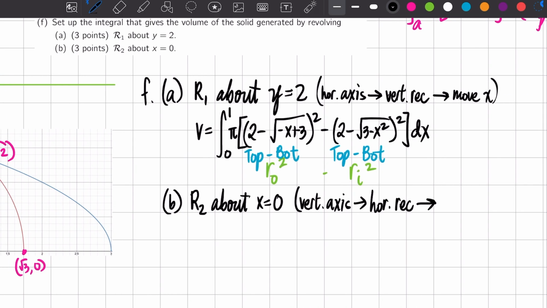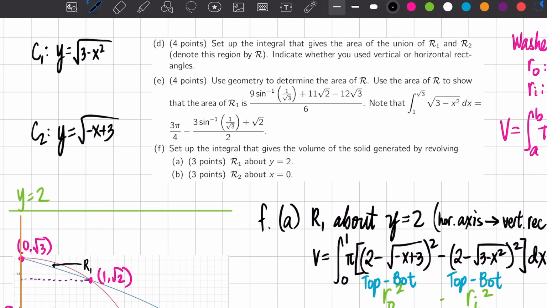So that means we are moving through values of y. Okay? So we have to make sure that our functions are written in terms of y. We have done that a while ago. For C1, that's x equals square root of 3 minus y squared. Then for C2, it's x equals 3 minus y squared.